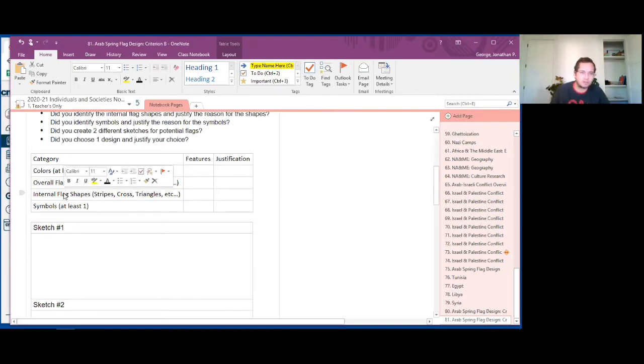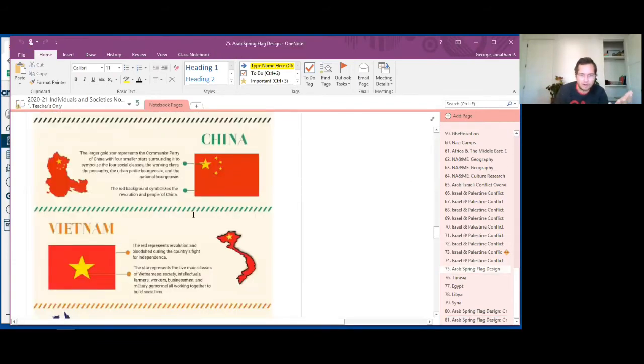Now, the internal flag shapes, are you going to have stripes, rectangles, crosses? What are you going to have? What are the internal shapes going to be? They're going to be squares. So you have your big flag, but then what are the internal shapes going to be? Okay, if you look at, again, all the flags, I believe it's on page 75 in your digital notebook. We have all of these different stars, right?